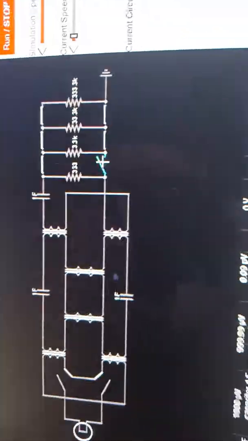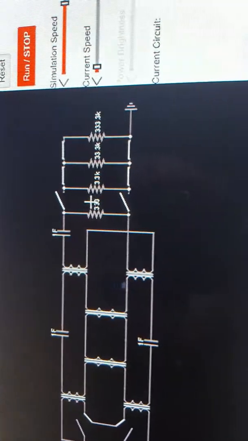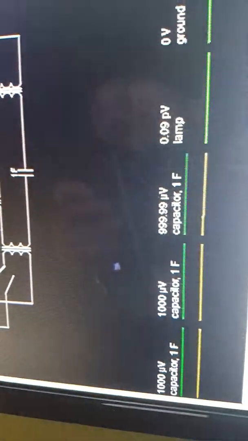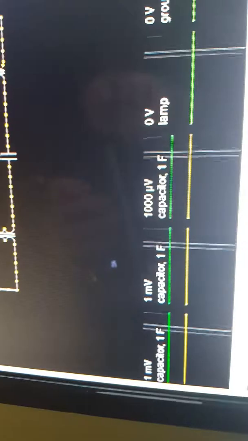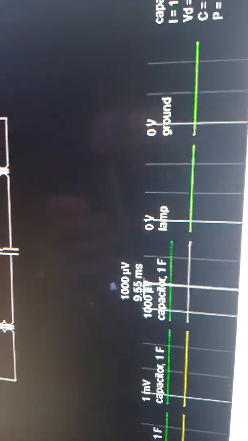So what I'm going to do is only have one resistor on this circuit, which is 333 ohm, and let me go ahead and reset. 1 microvolt into each capacitor with 0 volts inside of the far right capacitor.